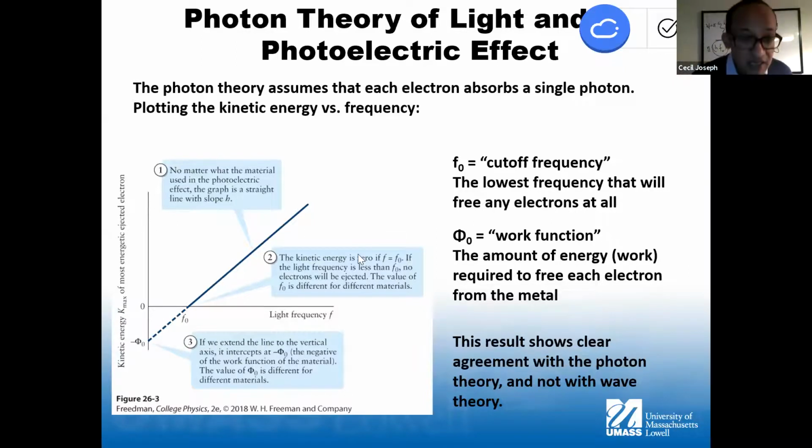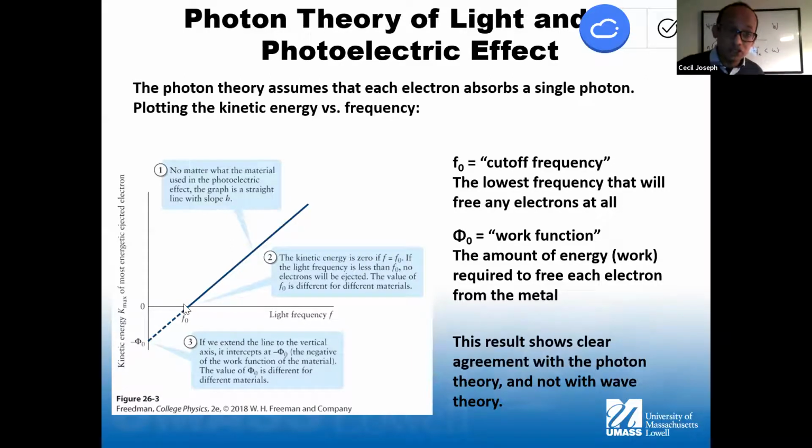Over here, below this f0, no electrons are emitted. This is just a back projection. So there exists a cutoff frequency, and the photon needs to have at least that frequency in order to eject the electron from the metal.